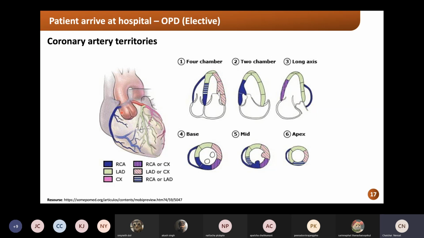And on the other side, you will see the LCA, or left coronary artery, that has three branches. The first one is the left main.